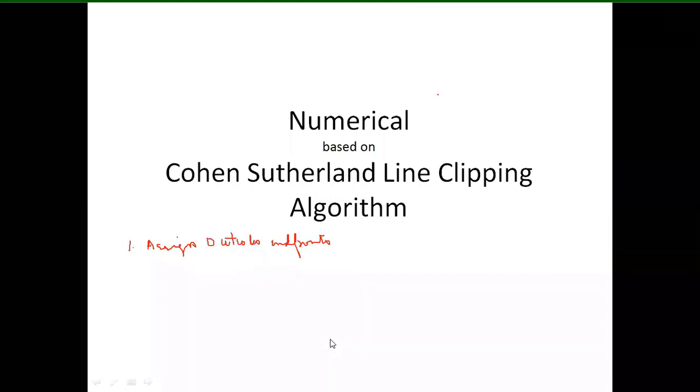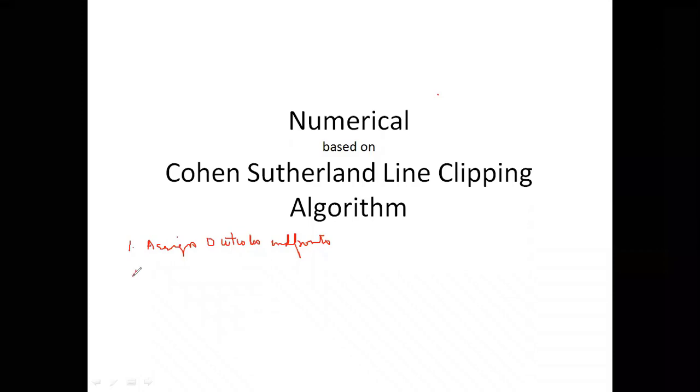Second, we perform an OR operation bitwise between the two outcodes and check whether the result is 0 or not.